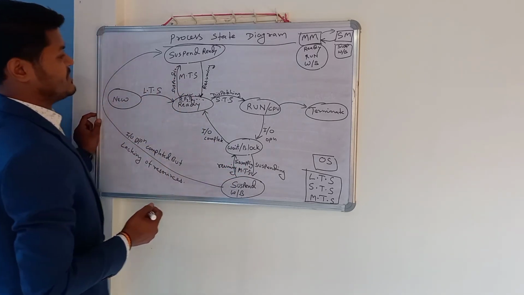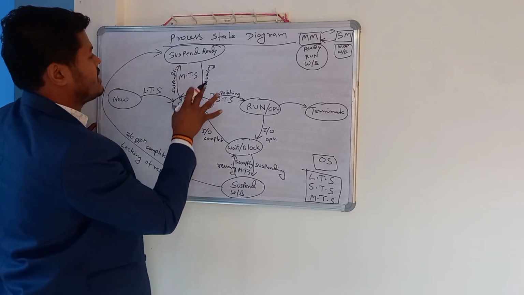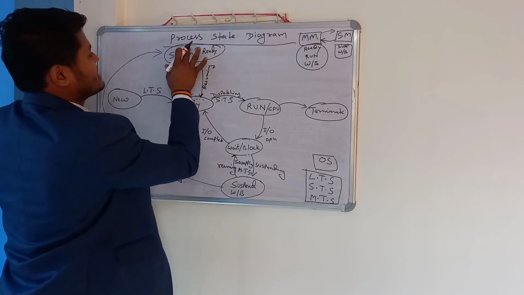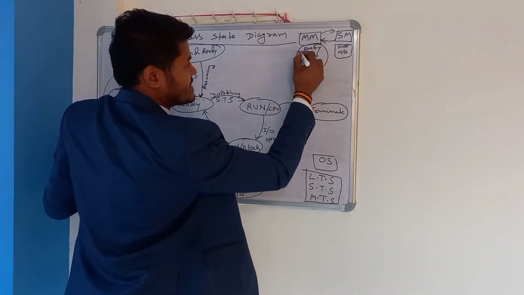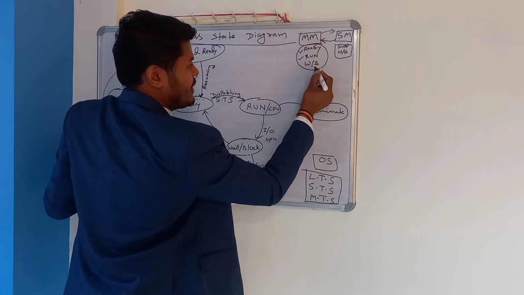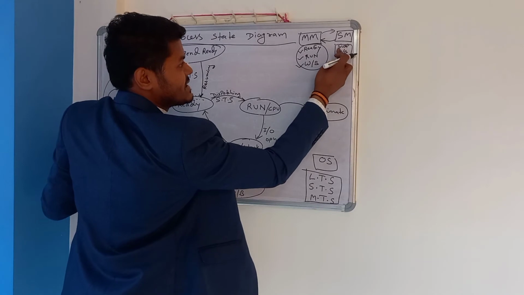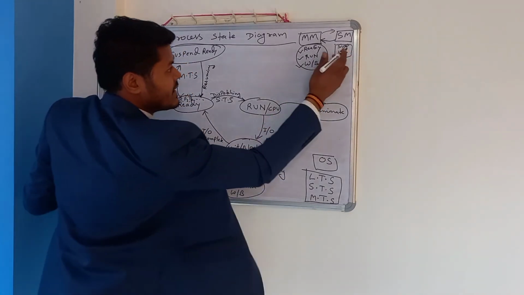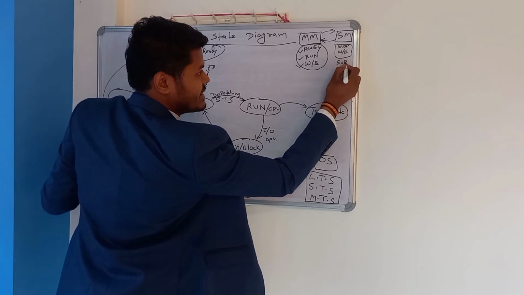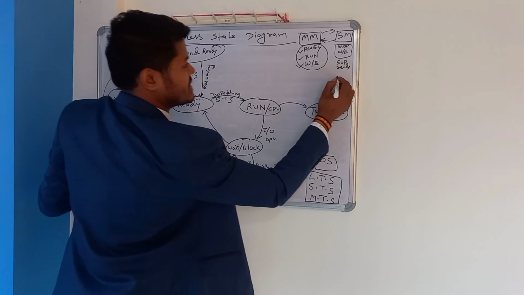So the mid-term scheduler is doing swapping. Okay, fine. So these are the basic concepts of the process state diagram. In main memory, the ready state, run state and wait or block state will be there. But in secondary memory, suspend ready, suspend wait or block, and new state.